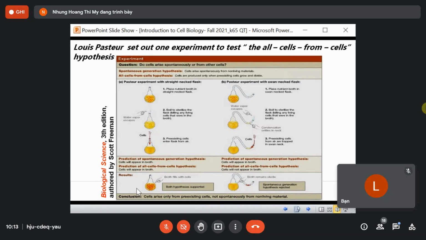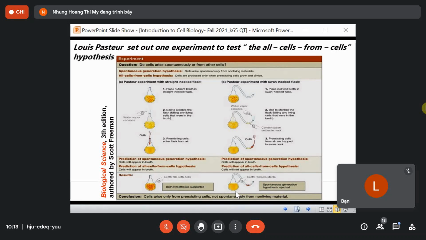That means in the straight neck flask there were cells present inside the solution, but for the swan neck flask, even though the flask is open, there is still no cell inside the solution.